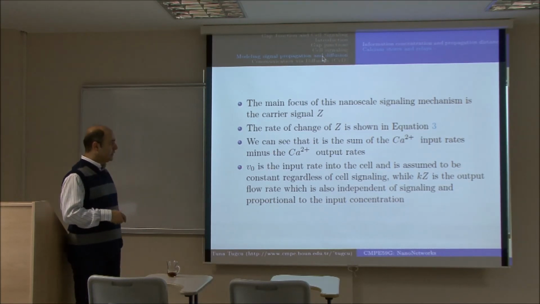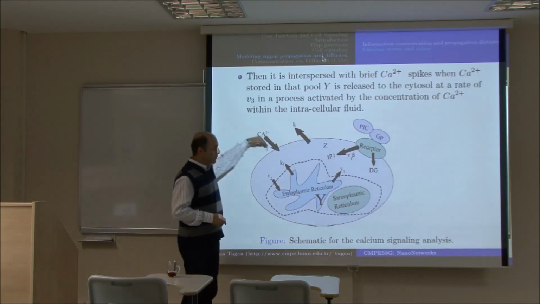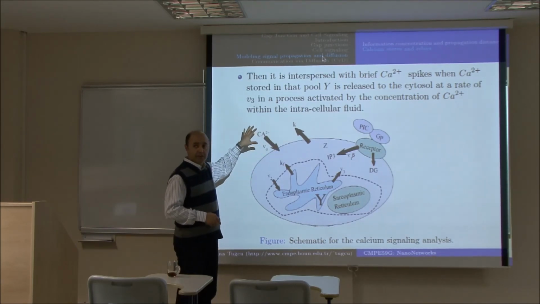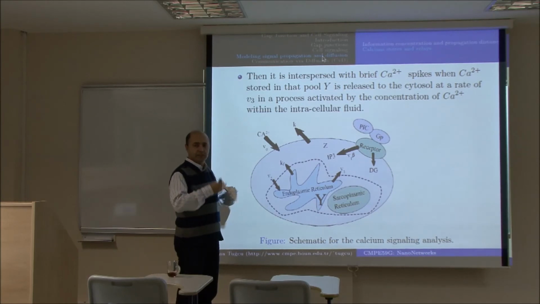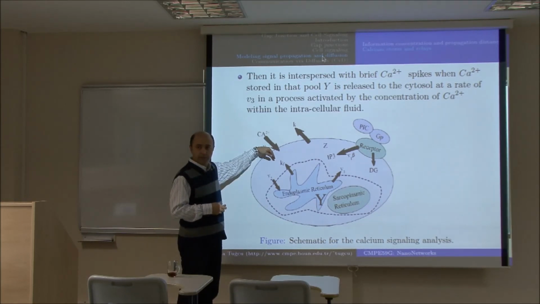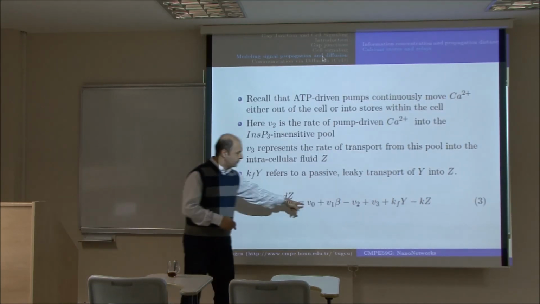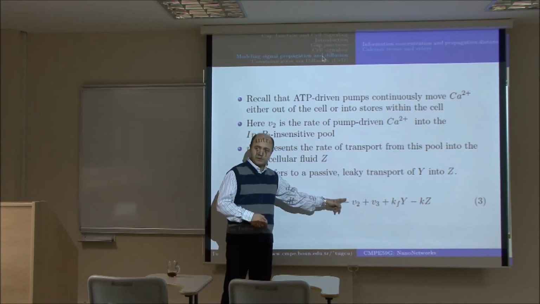So V0 is the input rate. Let me explain it here. V0 is going in. Does it depend on Z? No, because the main factor here is the extracellular environment, which is huge compared to the cell. So the concentration will not change anything. So we have plus V0. Remember, this was due to the IP3 molecules.